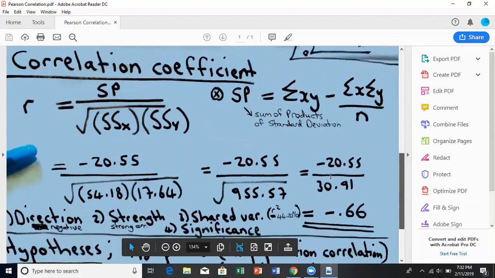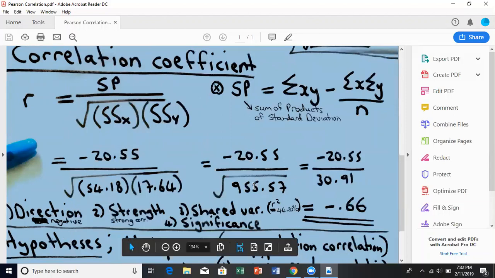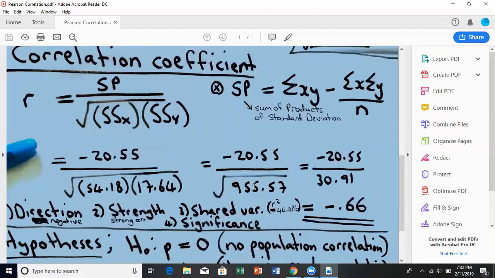And then at the bottom, if it's in brackets like this, it means 54.18 multiplied by 17.64. So don't forget the square root. Using a calculator, you punch in 955.57, then press the square root, and you're going to get 30.91.